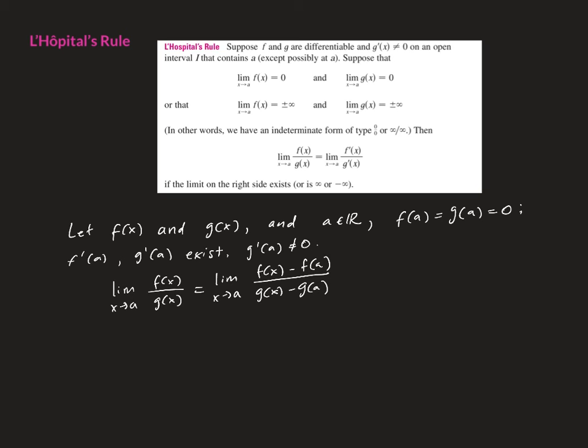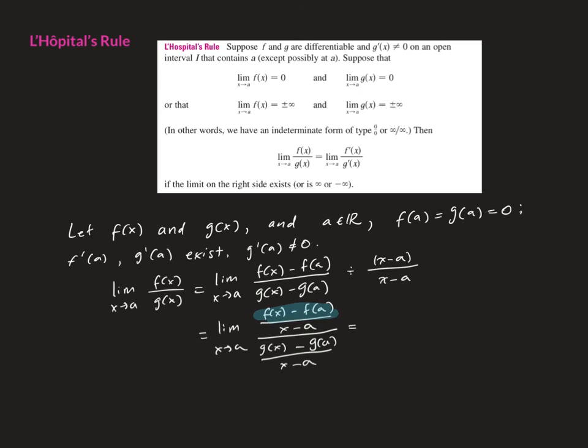And if I divide top and bottom by x minus a, then the limit becomes the limit when x goes to a of [(f of x minus f of a) over (x minus a)] over [(g of x minus g of a) over (x minus a)]. And this is the definition of the derivative of f.